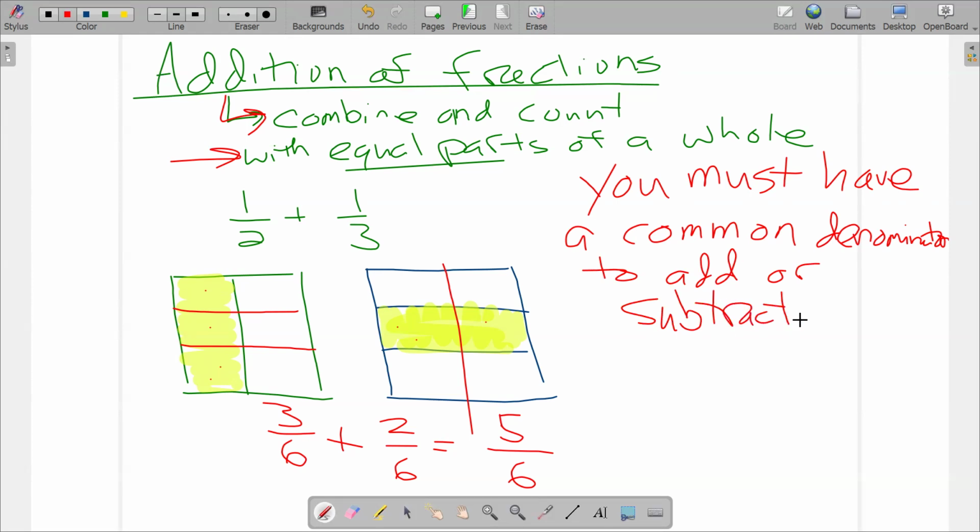So I'm going to show you what I think is the easy way to add and subtract fractions, and then maybe I'll show you the hard way. But we'll probably just stick with the easy way. Okay, so bottom line, addition and subtraction has to have a common denominator.